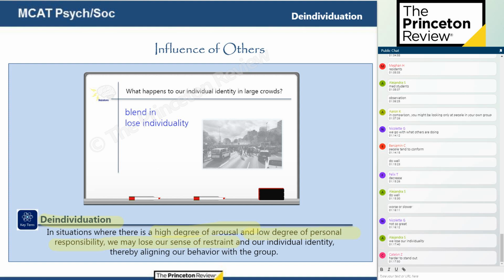When people can't identify us, we're in a big group, we can't be easily identified, in a highly emotional or physiologically arousing situation, we go with the herd, and people tend to lose their sense of what's right and wrong, lose their ability to abide by normal behavioral constraint.